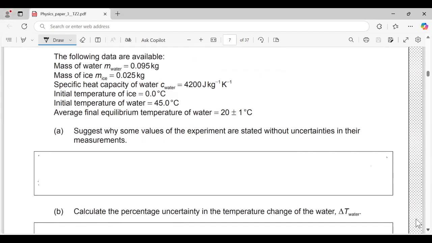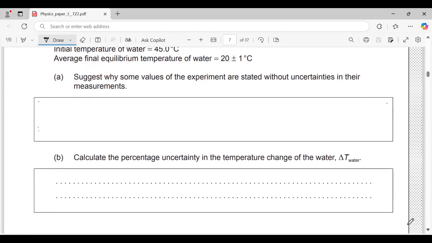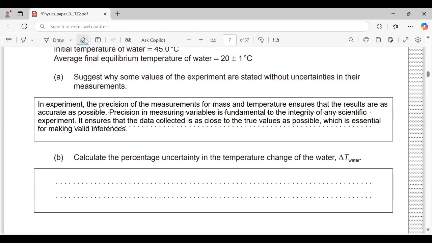I have provided my opinion about this question. One, in the experiment, the precision of the measurements for mass and temperature ensures that the results are as accurate as possible. Precision in measuring variables is fundamental to the integrity of any scientific experiment.